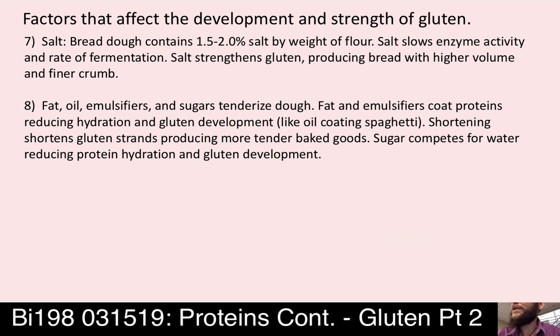Oh, you knew some people with celiac disease. Yeah. And how do they manage it? Is it under control? Yeah, they avoid gluten.